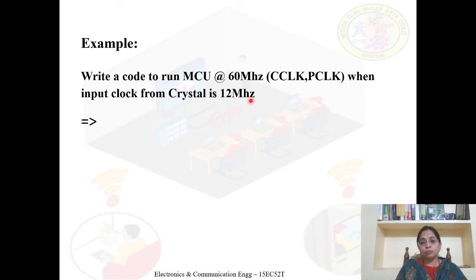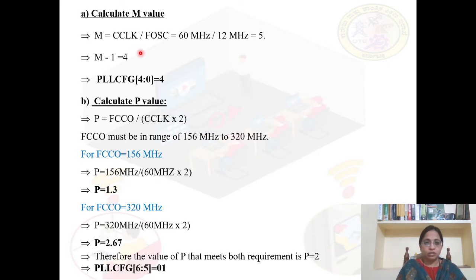By choosing proper M and P values, we have to generate 60 megahertz frequency using the phase locked loop. First we have to design the PLL, that is, calculate the M value and the P value. I am showing you the related formulas on the screen.